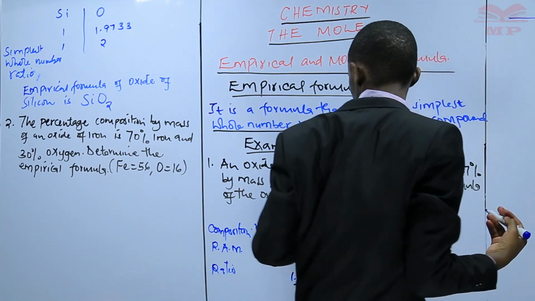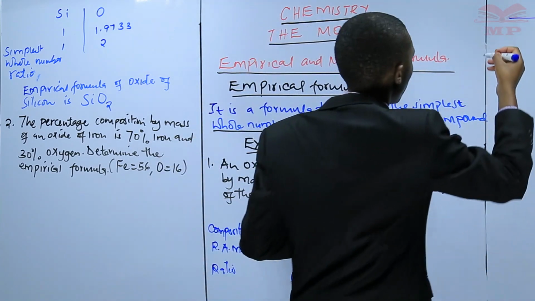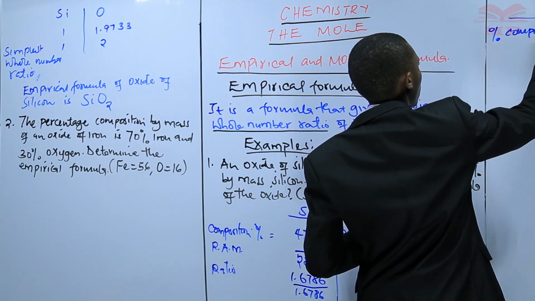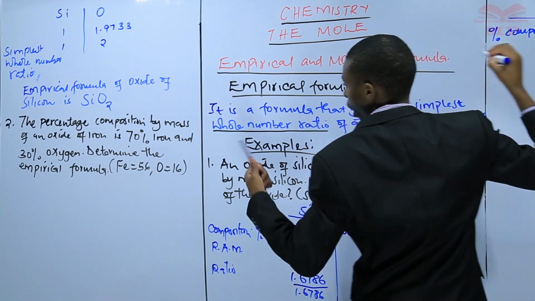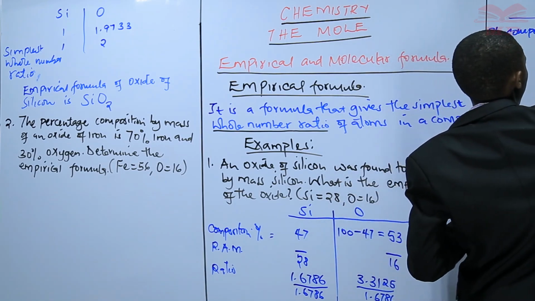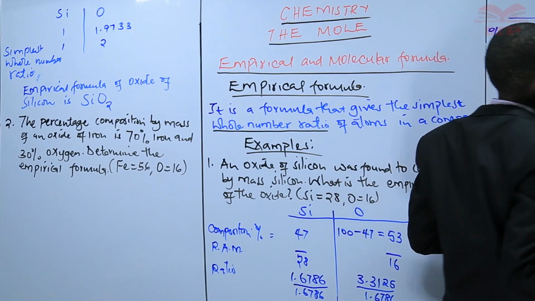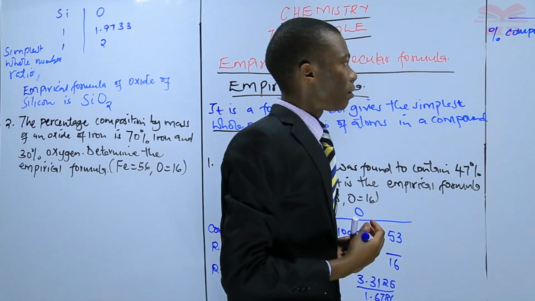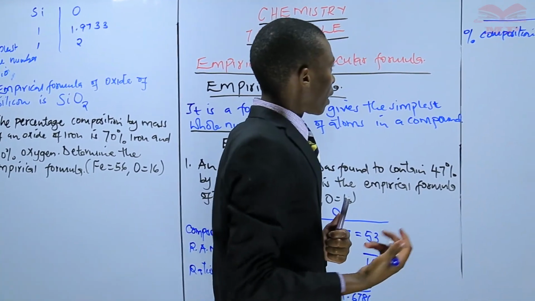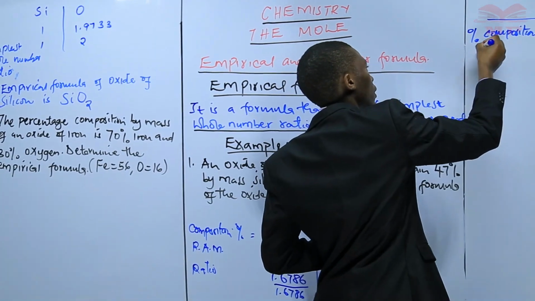We first get the percentage composition. Iron, the percentage is 70. The percentage of oxygen is 30. So 70 and 30 makes 100. The next step, we are dividing by the relative atomic mass.